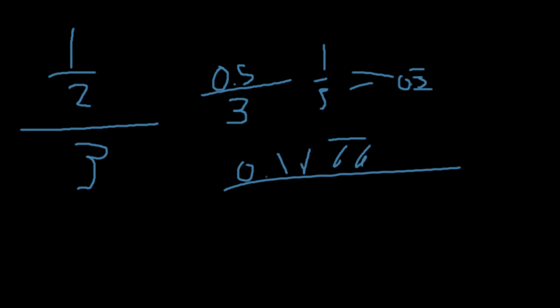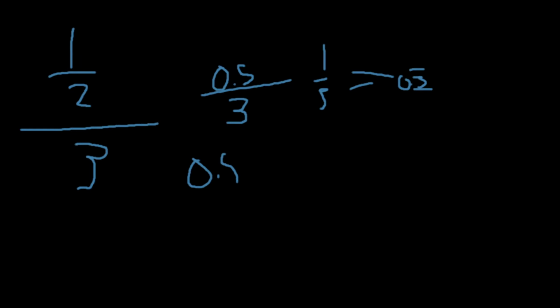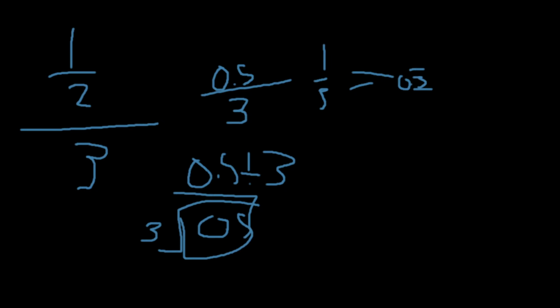And you notice this fraction is equal to 1/6. Isn't that unique? Well, it's not. Another way of looking at this fraction would be 0.5 divided by 3. And so you can do it long division way and find out that way.